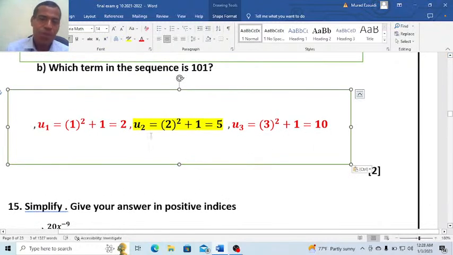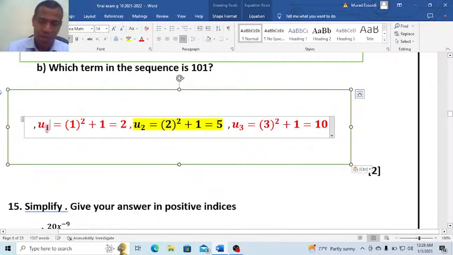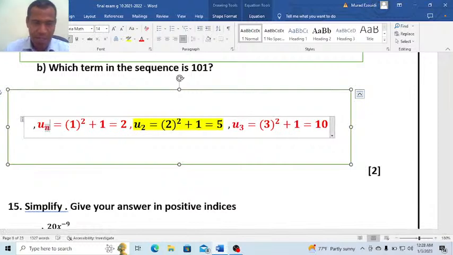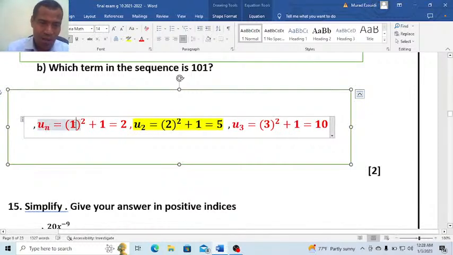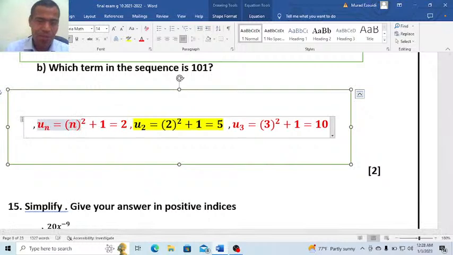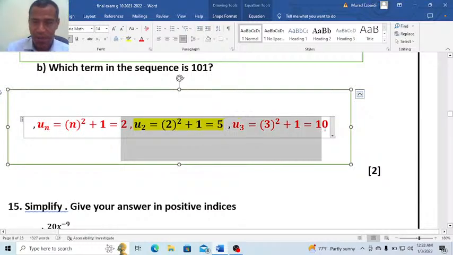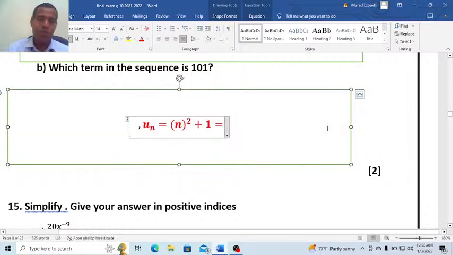Therefore, my nth term is what, learners? In fact, it is Un, isn't it? Equal to n squared plus 1. Therefore, this is the nth term of my sequence.